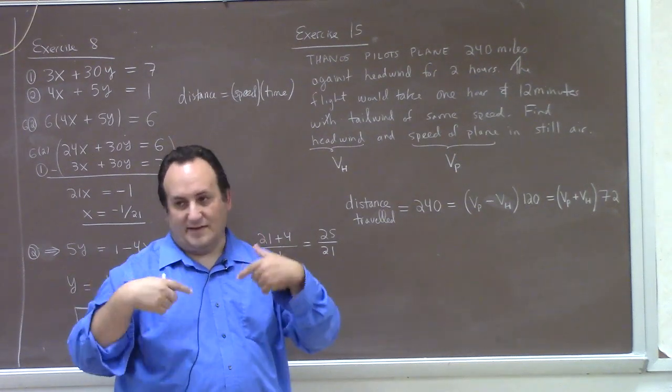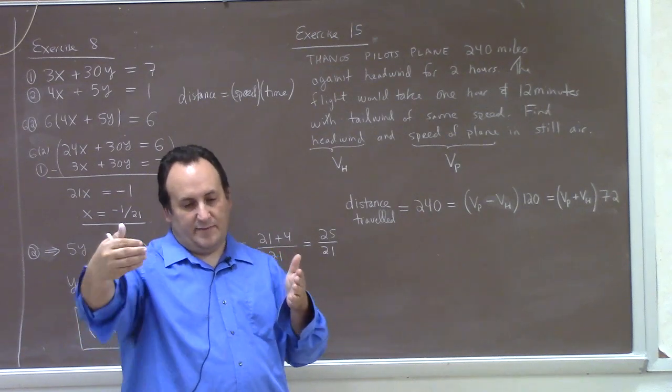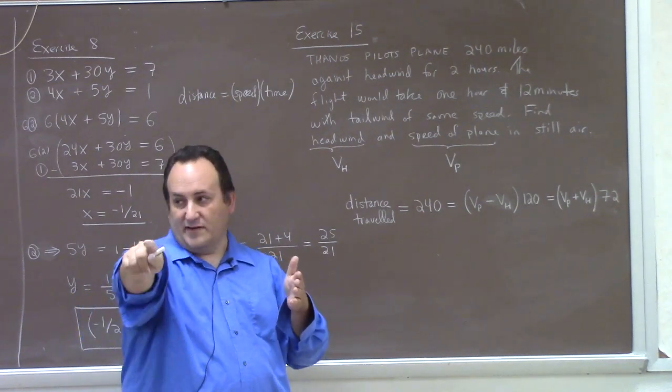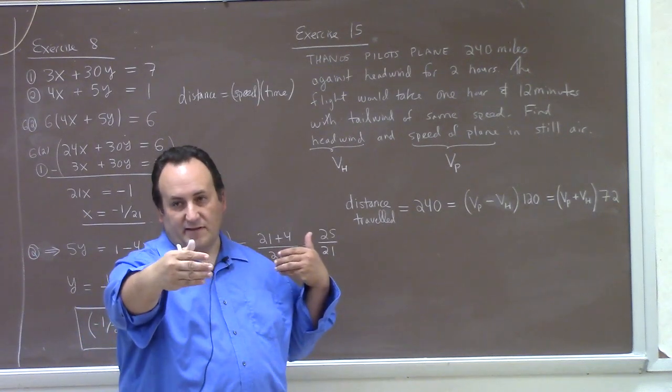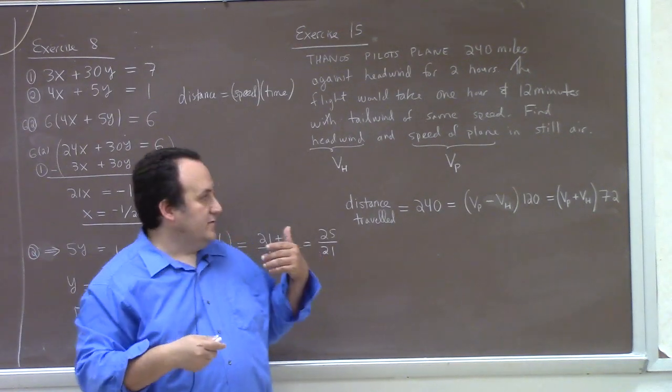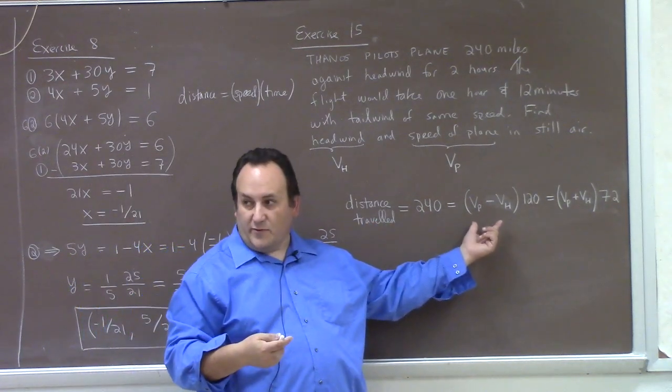You'd just be basically treading air, so to speak. If the wind is coming at you 50 miles an hour and you're going 200 miles an hour relative to the wind, then you're going 150 miles an hour relative to the ground. So we encode those ideas with either addition or subtraction as appropriate.